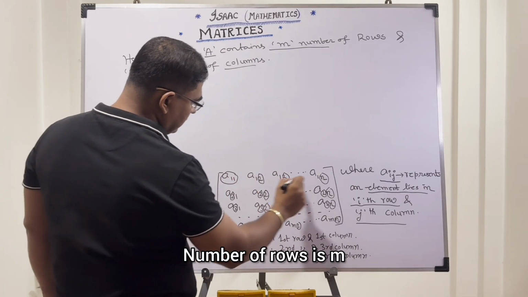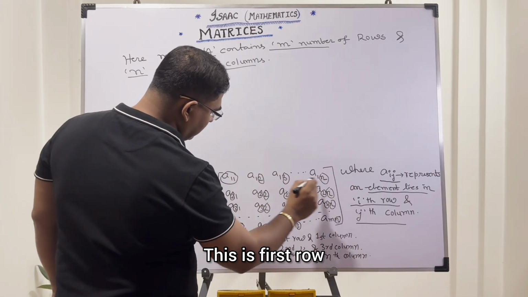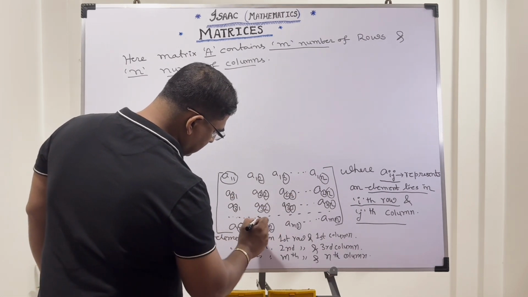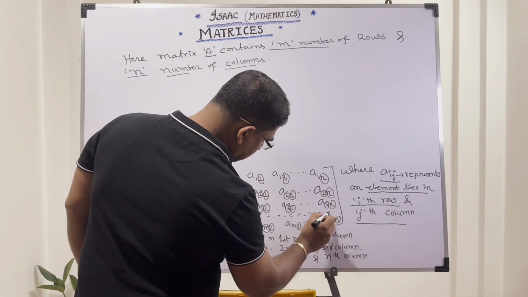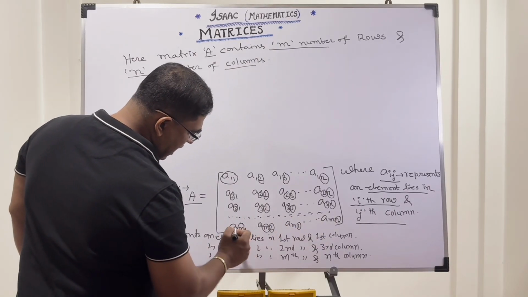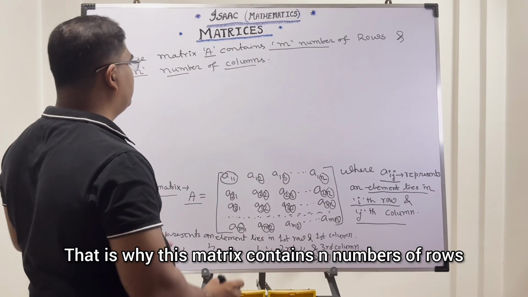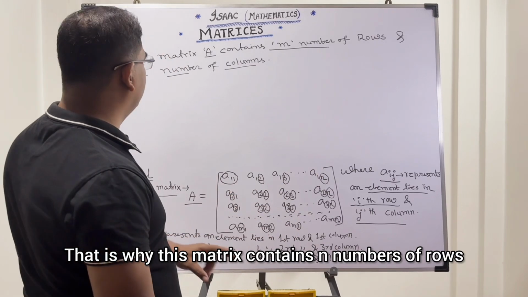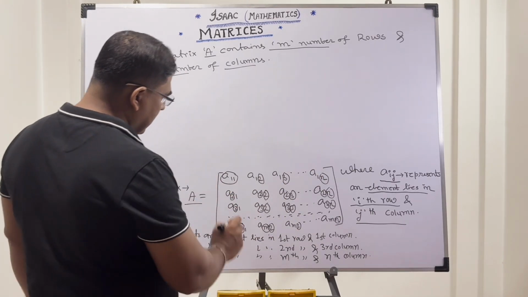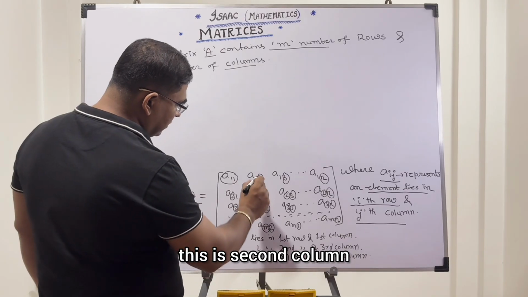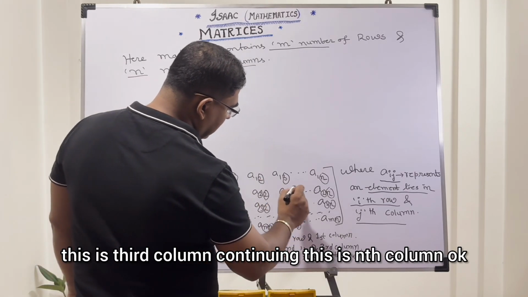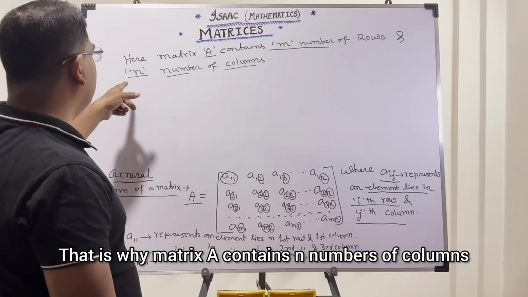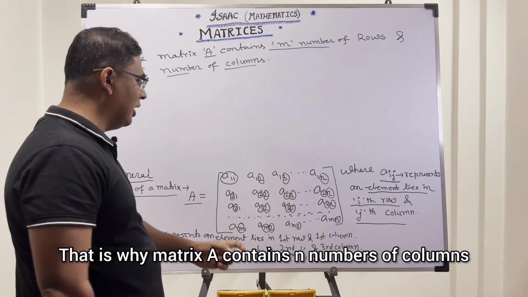Number of rows is m. This is first row, this is second row, this is third row, and continuing, this is mth row. That is why this matrix A contains m numbers of rows. Again, this is first column, this is second column, this is third column, continuing, this is nth column. Okay, that is why matrix A contains n numbers of columns.